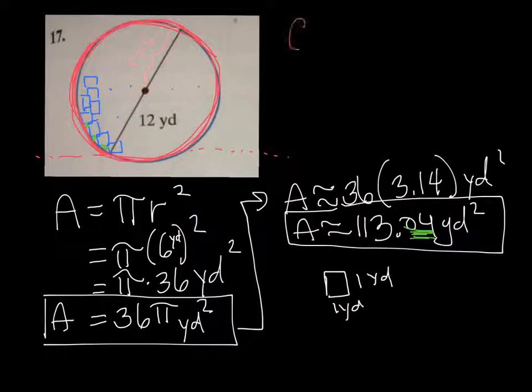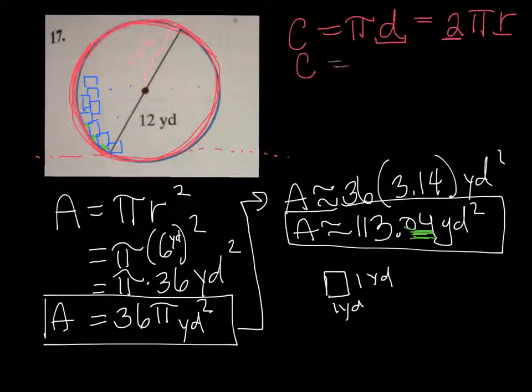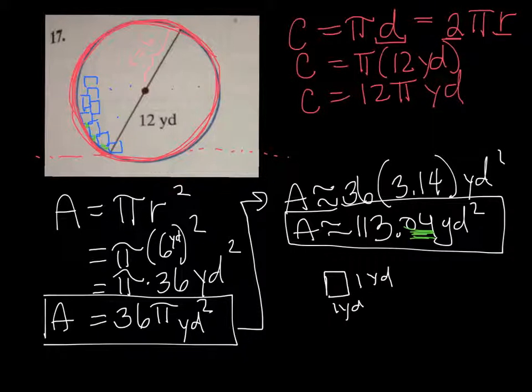So circumference, C equals pi times the diameter, or you can use 2 pi r, because the diameter is just twice the radius. So it doesn't matter which one you use. We have the diameter, so pi times d, which is 12 yards. And so our circumference is 12 pi yards.